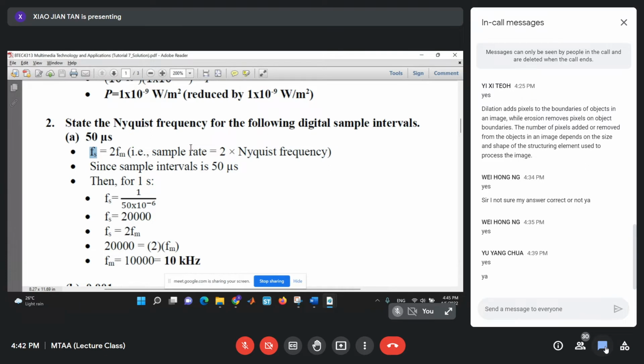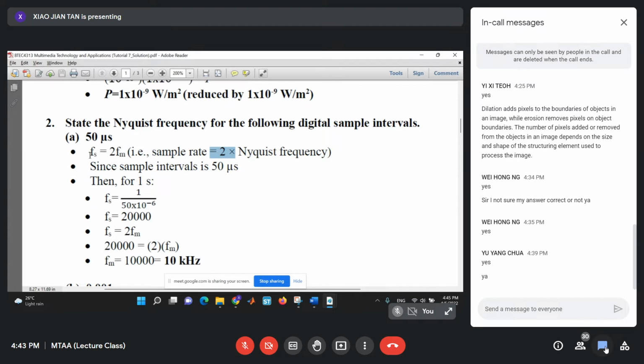For example, if you have 1K, you need 2 multiplied by 1K, so your sampling frequency should be 2K. This is provided you don't have any upper and lower limit. If you have upper and lower limits, then it is 2 multiplied by your upper limit minus lower limit. So this is it.